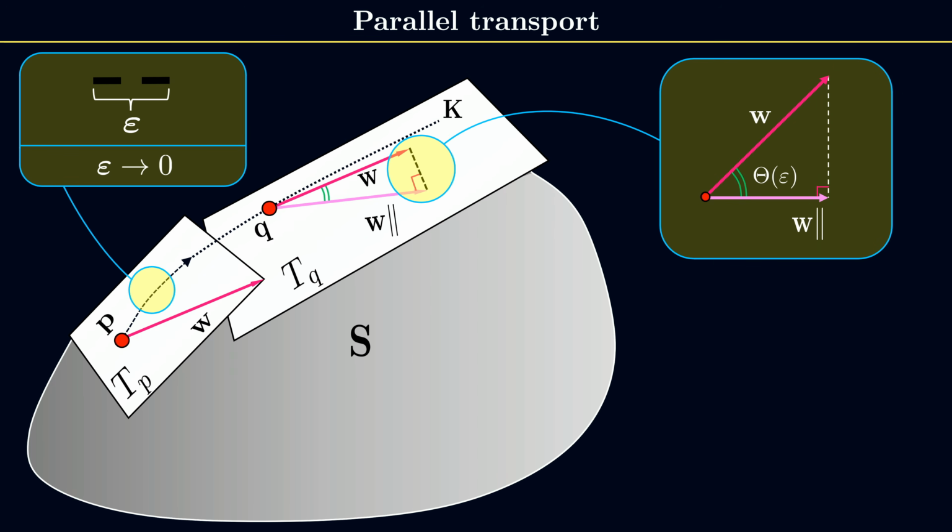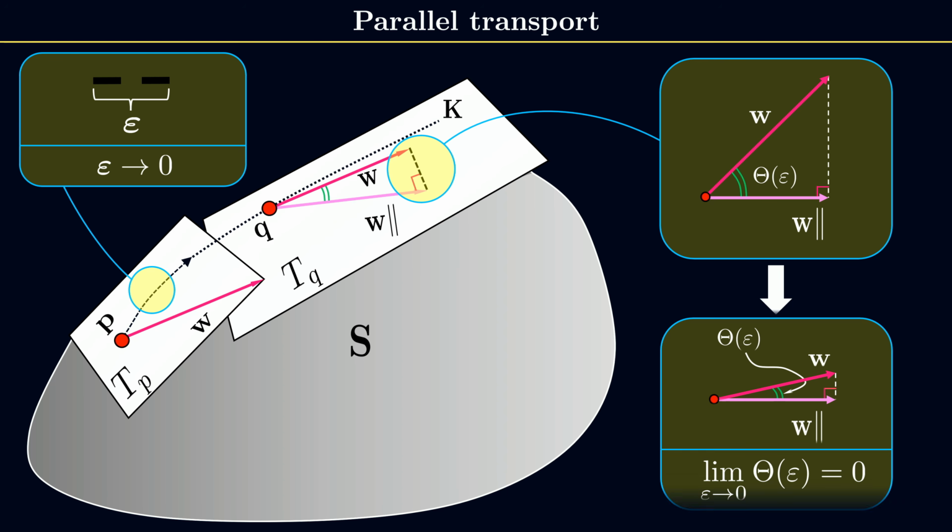One can notice another important feature of this vector projection process. At each step, by projecting the vector onto the new tangent plane, we eliminate its normal component. Therefore, the length of the resulting vector turns out to be slightly less than the length of the original one. However, with a sufficiently small step, the tangent planes at neighboring points differ only by an infinitesimal angle.